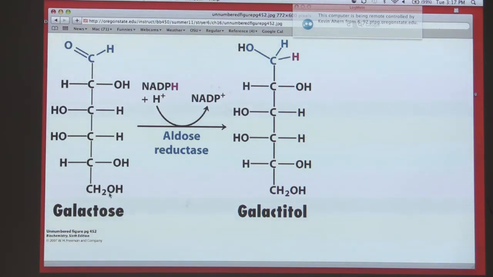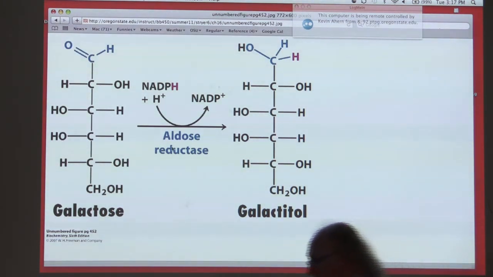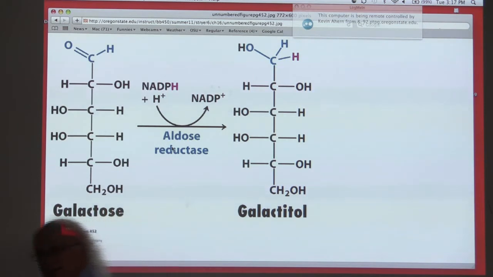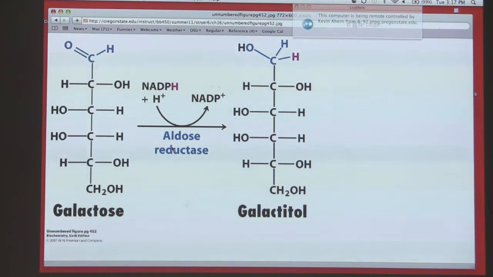Well, when galactose accumulates, the body tries to detoxify galactose because, like glucose, it's a poison. And the choice of weapon for detoxifying the effects of galactose is to use this enzyme aldose reductase, and it converts the aldehyde that we see here into an alcohol that we see over here, known as galactitol.